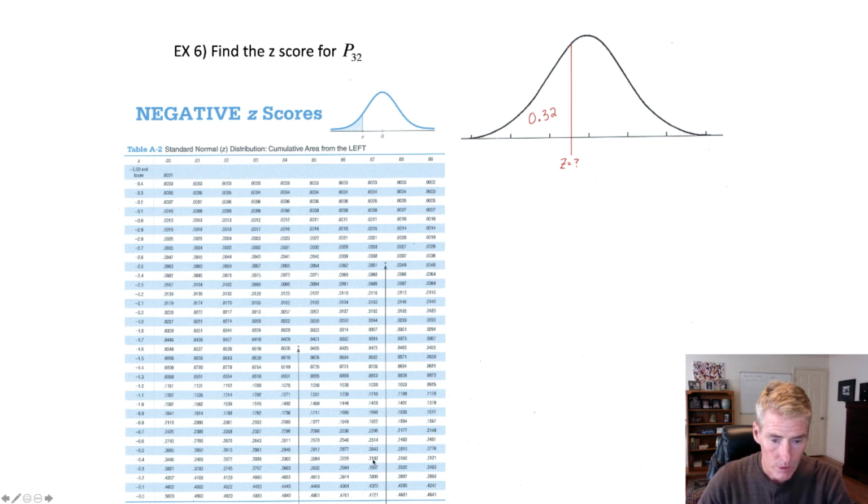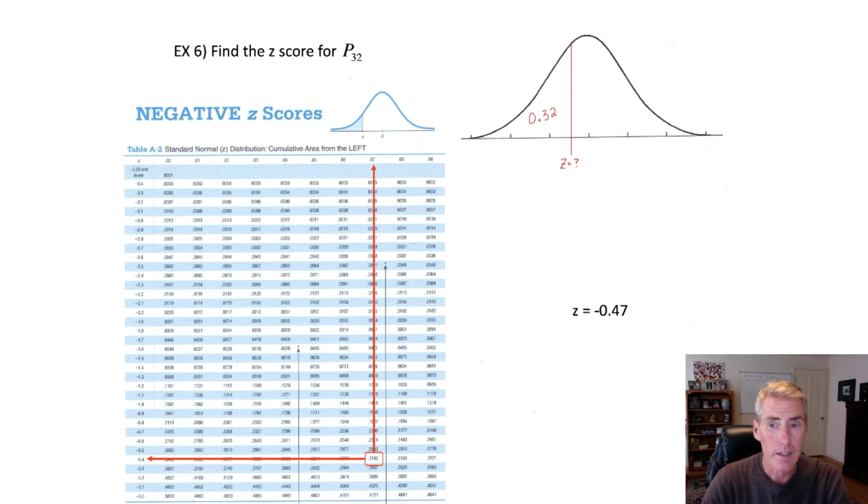And I found a 0.3192, and it turns out that 0.3192 is the closest. So then use the table backwards, look over to the left, and that means the z-score equals negative 0.4 something. And then look to the top, and that means that the last decimal place is a 7. So it turns out that z equals negative 0.47.